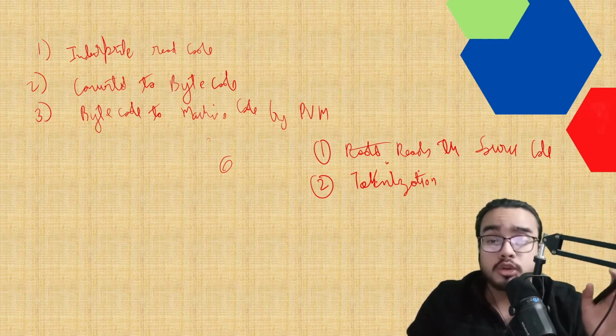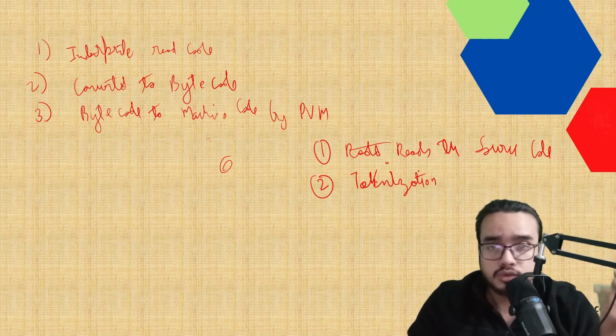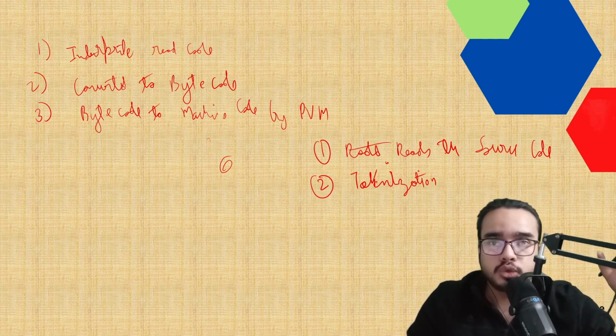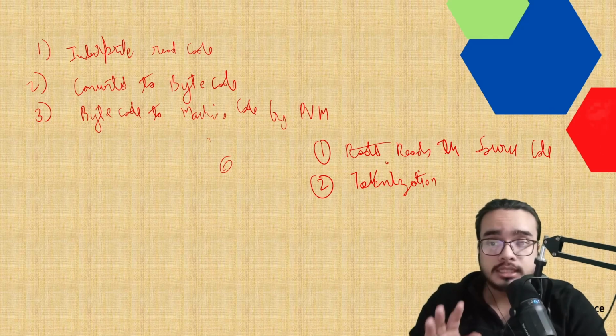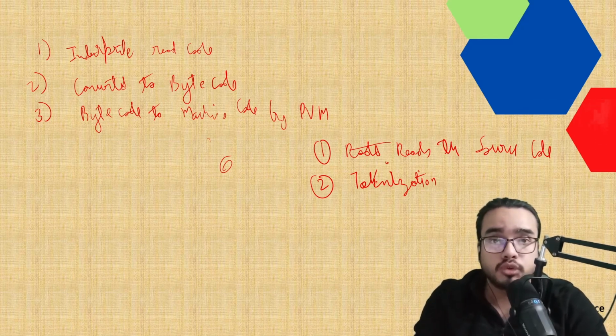We'll go into much more detail on what a token is and how the tokenization process actually happens, so don't worry about that. For now, just think that your code is broken up into its individual units, individual parts. Then the next process is that this high-level code, in the form of tokens, is converted into lower-level bytecode.